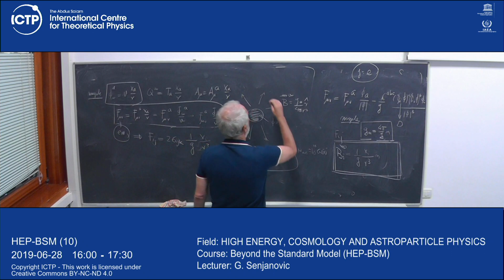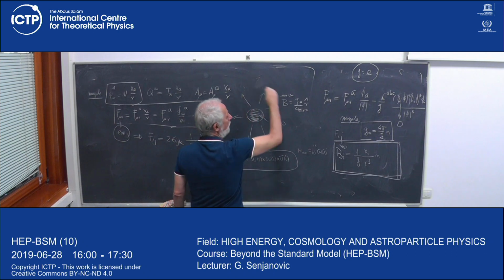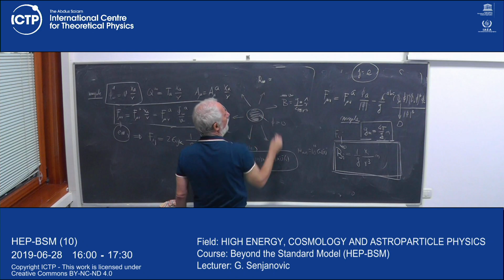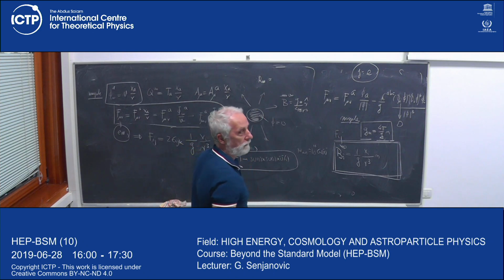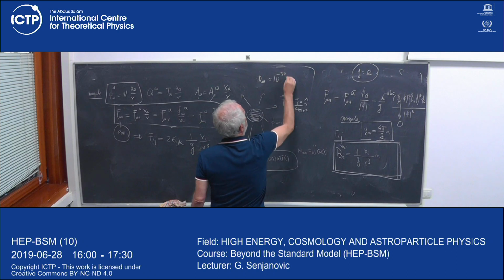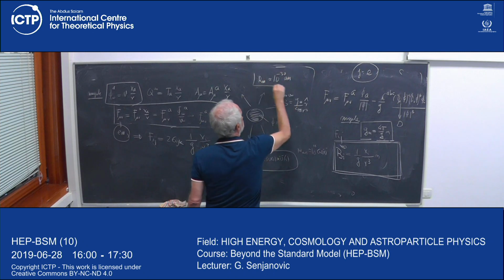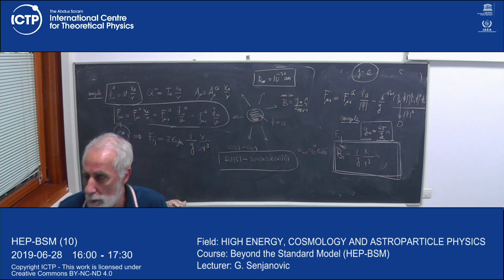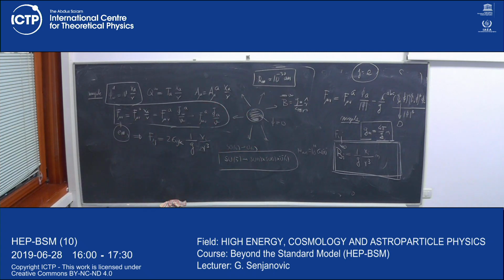Therefore, the size of the monopole, with V at 10 to the 16 GeV, in other words R monopole, is 10 to the minus 13 centimeters. Surely, macroscopically speaking, this is like a Dirac monopole, right? Who cares?